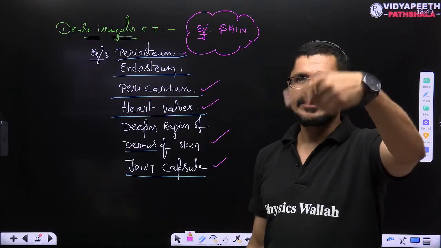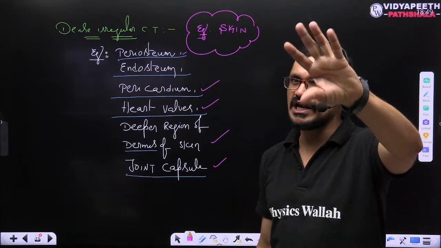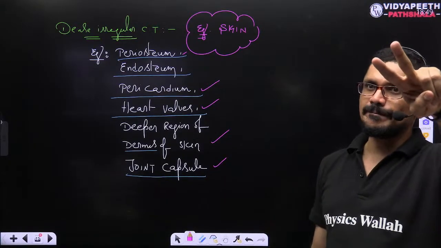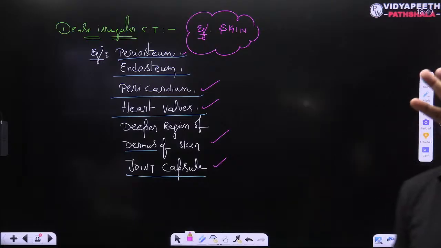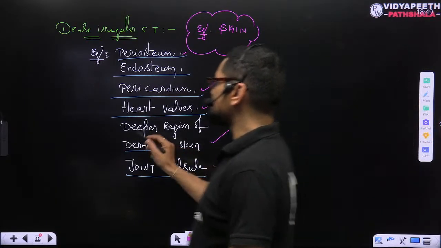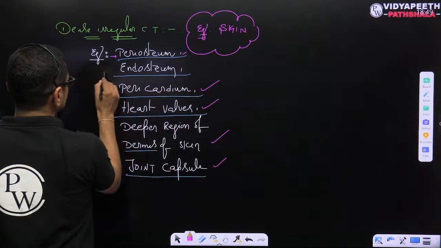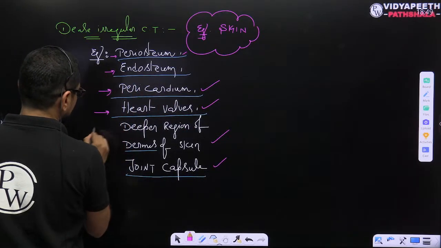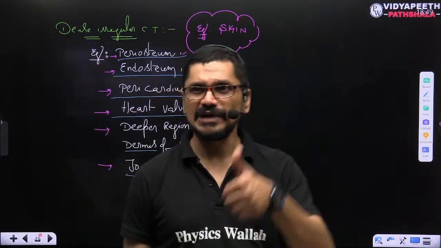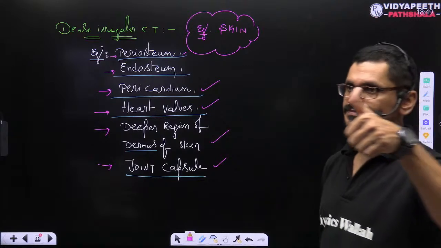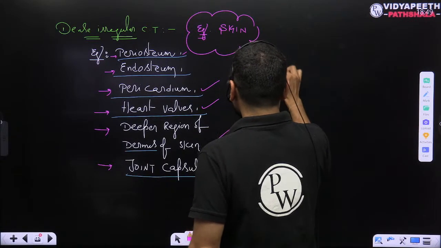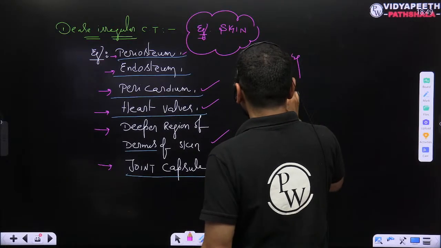Periosteum, endosteum, you have to pronounce along with me, my dear friends: periosteum, endosteum, pericardium, heart valves, joint capsules, and even the deeper region of dermis of skin. All these are the areas where dense irregular connective tissue is present. Am I clear? Any doubts? No. So, I told you that here there are fibers and fibroblasts.